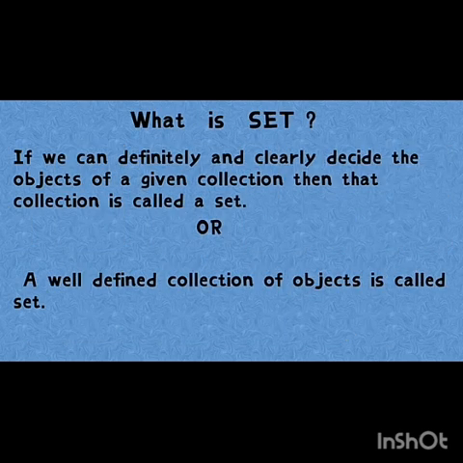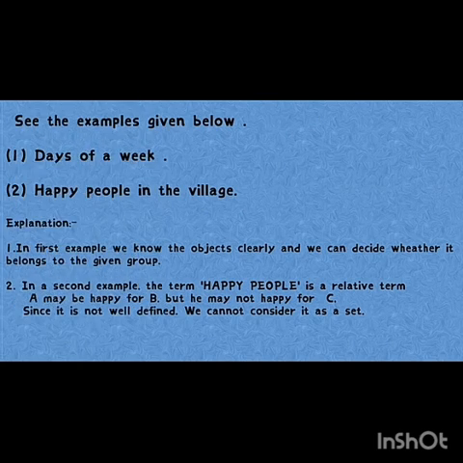So, what is a set? If we can definitely and clearly decide the objects of a given collection, then that collection is called a set, or a well-defined collection of objects is called a set. Let's see some examples. First, days of a week. Second, happy people in the village.